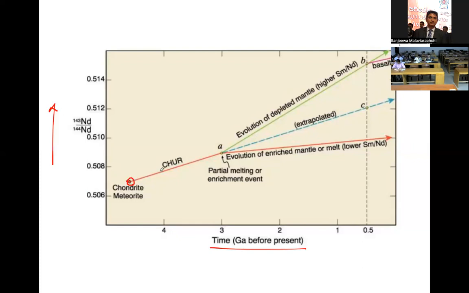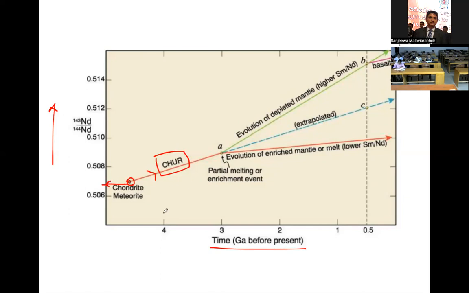We call it the chondrite uniform reservoir, CHUR, right? That is the initial reservoir from which all planetary bodies were formed. That has an evolution like this. That means at the time of the Earth's accretion, the formation of the Earth, some value like here was there for the chondrite uniform reservoir.